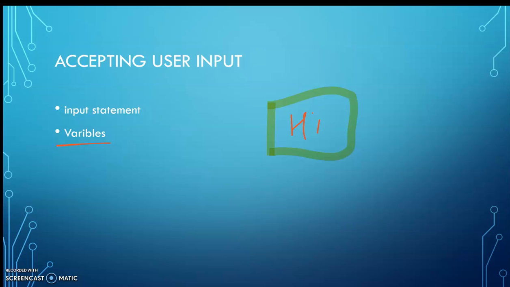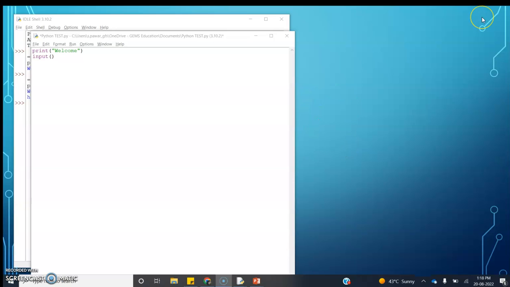So moving forward, I'm going to show you the syntax of how to write a variable. As you can see over here, I'm going to create a variable. I'm going to name it name. I want to ask that person's name.